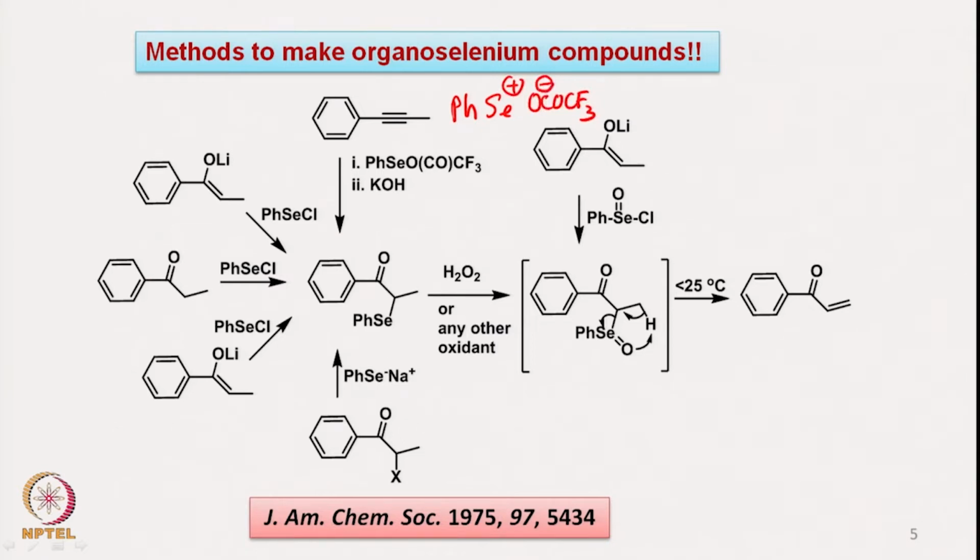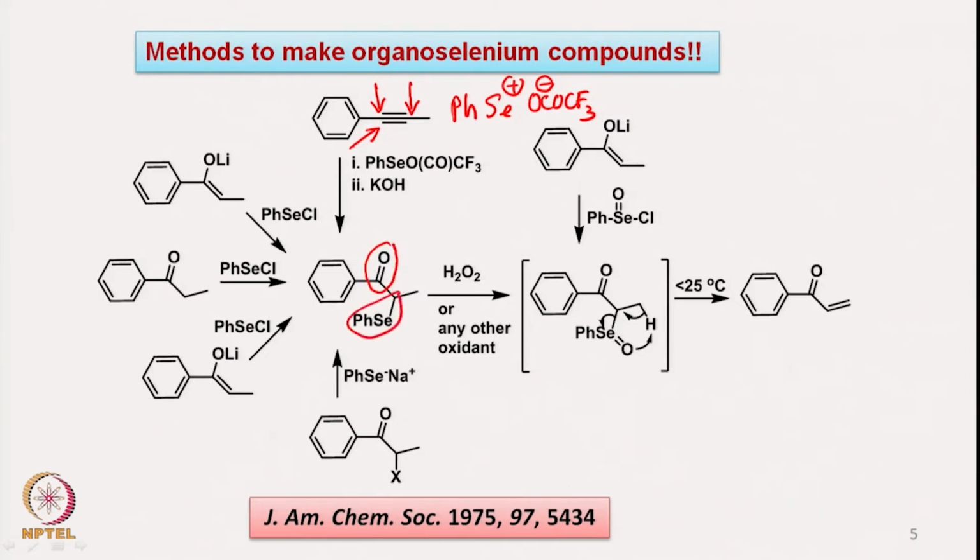When this triple bond reacts with the selenium, it reacts in a Markovnikov fashion, and therefore the positive charge is formed on this particular carbon atom, and the selenium comes onto this carbon atom, and then potassium hydroxide attaches to this end of the triple bond, and finally the carbonyl group comes in here and the selenide comes in here.